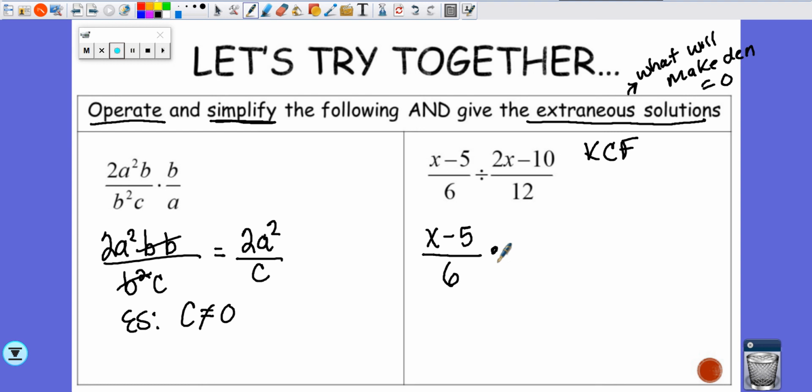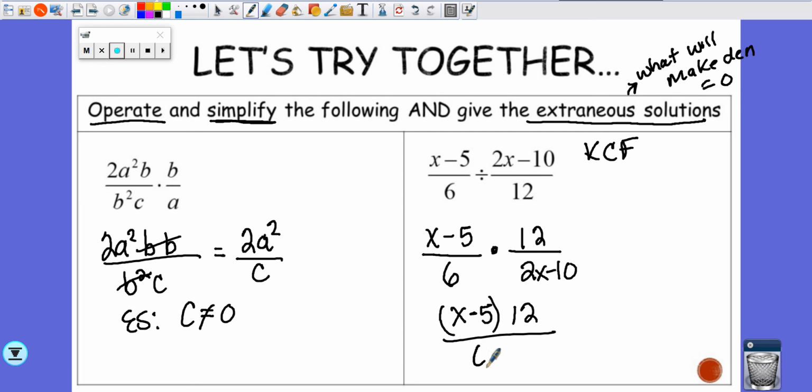Keep the first, change the divide to multiplication, and then take the reciprocal, which means to flip that fraction, and then do exactly what you were taught to do with multiplying. So in this case you get x minus 5, and I'm going to put that in parentheses, times 12 over 6 times x minus 10. When something is a binomial and you're multiplying it, make sure you put it in parentheses.